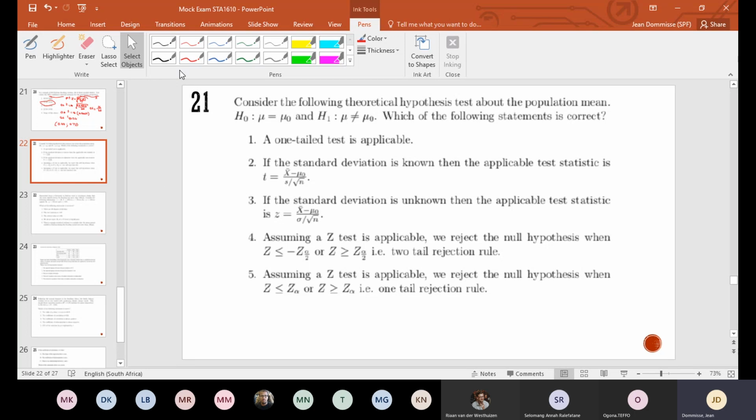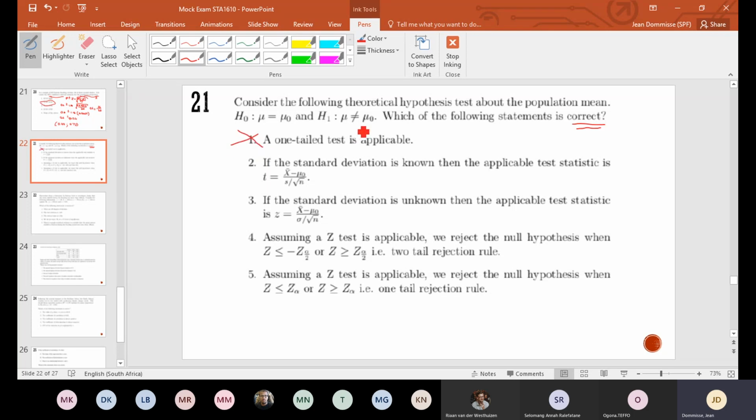So consider the following theoretical hypothesis test about a population mean. H0, the null hypothesis, is that, and the alternative is that. Which of the following statements is correct? Okay, so a one-tailed test is applicable?